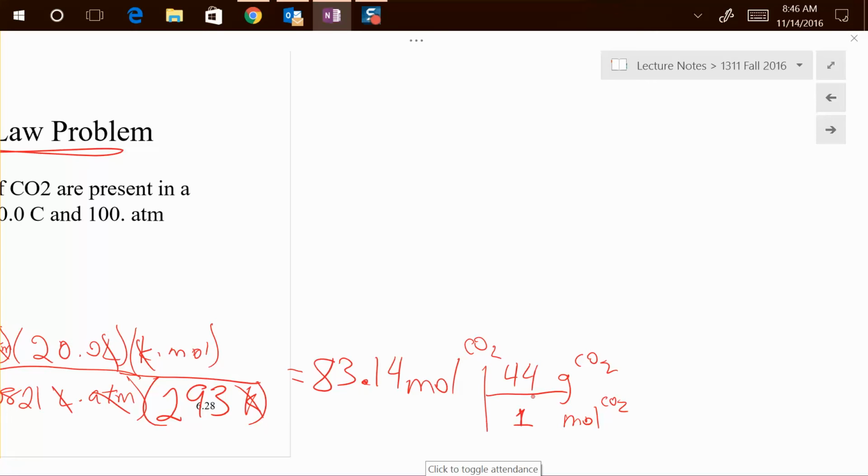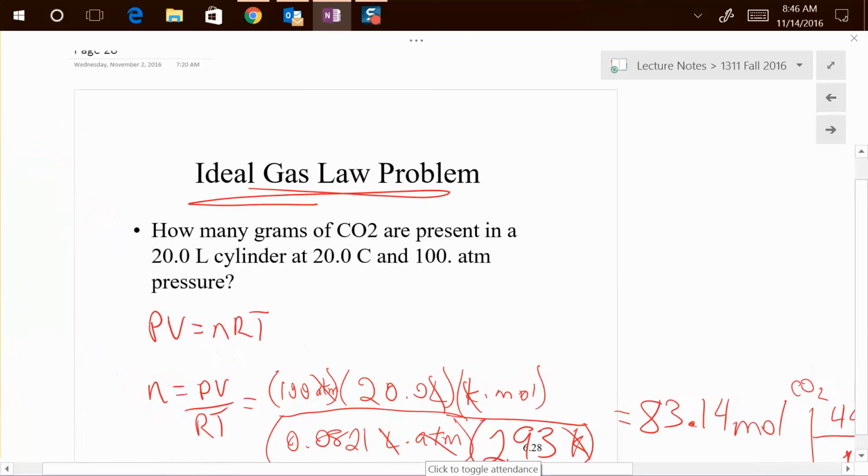Okay, so 83 times 44, what are the grams of carbon dioxide? 3,658.16. Okay, so that's how I would calculate the mass of the carbon dioxide that I collected.